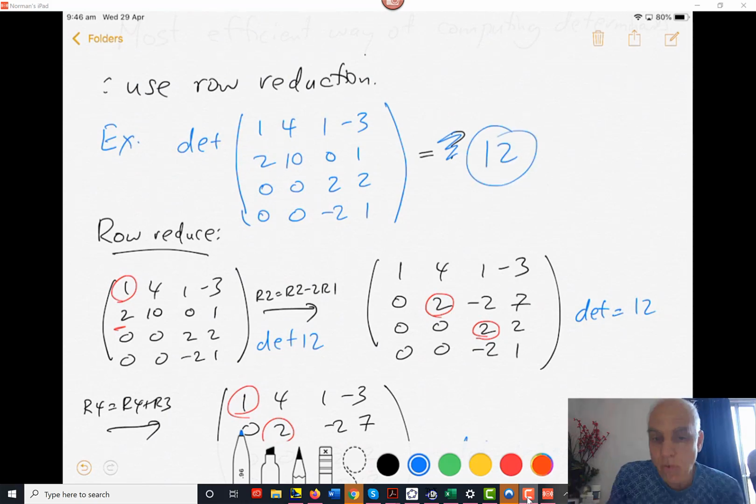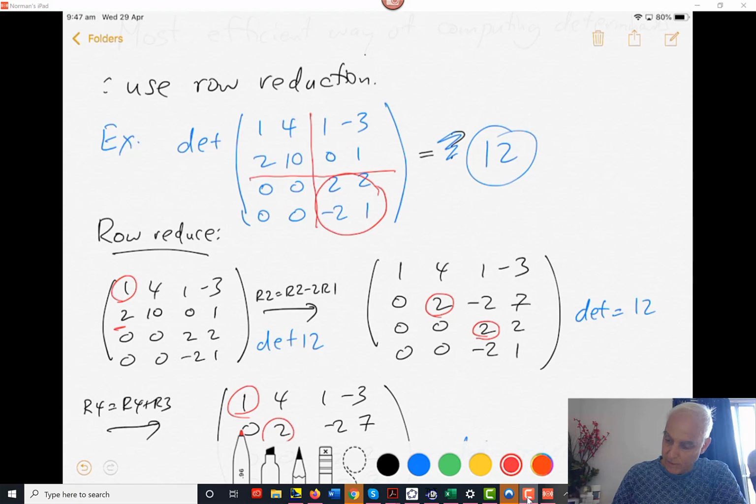Now, I just want to point out that this is a kind of interesting little situation where the matrix actually can be subdivided here, and there's a block of zeros in the bottom. And here, this 2 by 2 matrix has determinant equal to 2 minus -4, so that's 6.